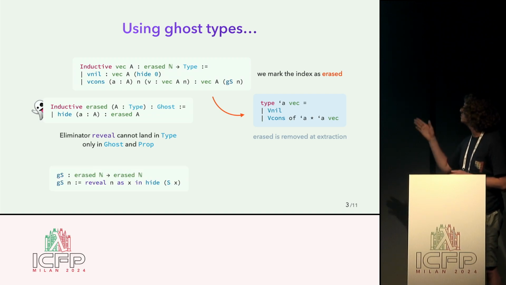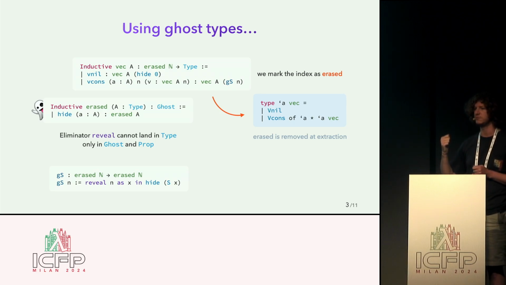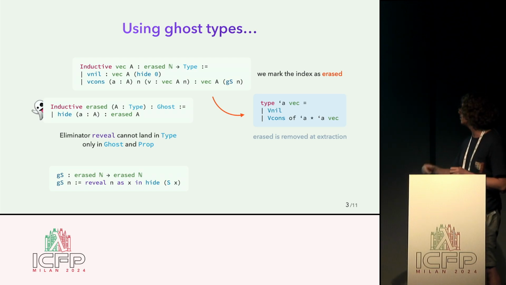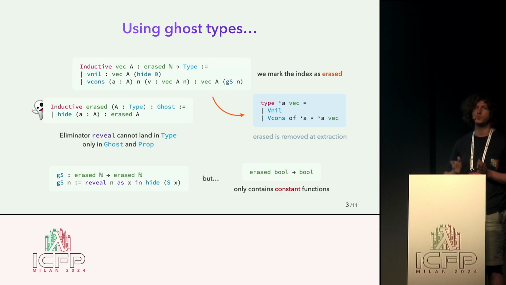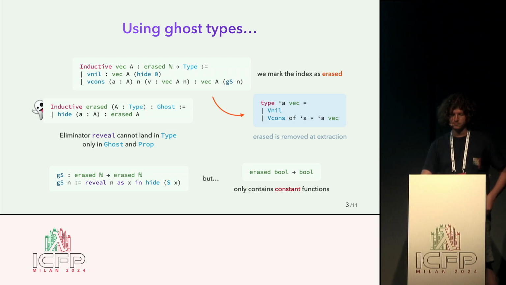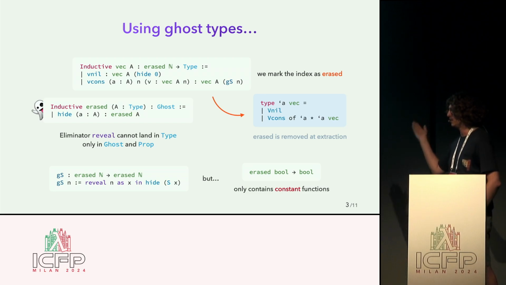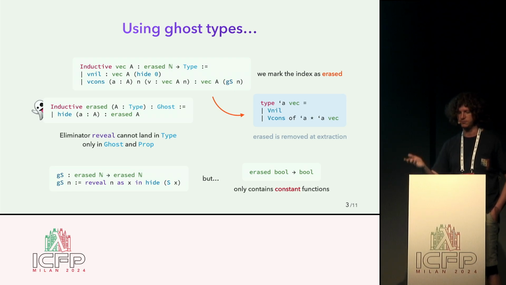So what you can do is you can go from erased nat to erased nat. That's how I can define the ghost successor. So essentially, I take this erased natural number, I reveal it and call it x. So x is now a proper natural number. I can apply the successor to it and then hide it again. So this is valid. But if I wanted to write a function from erased bool to bool, then it would have to be the constant function, because there's no way to branch on ghost data. So that's to make sure that I can actually just erase it. It's not going to affect the result of a program.